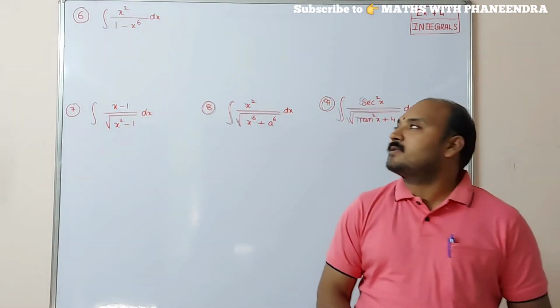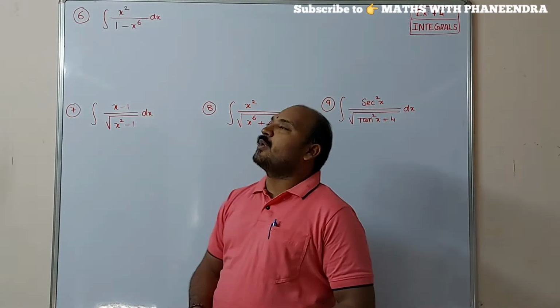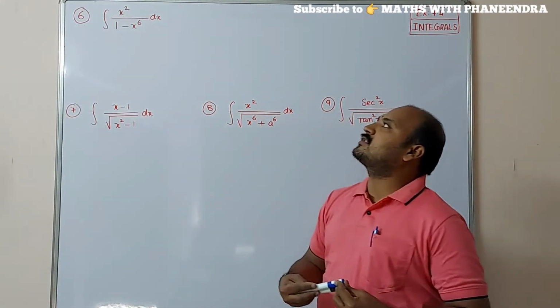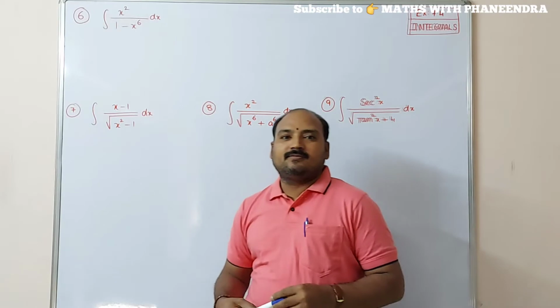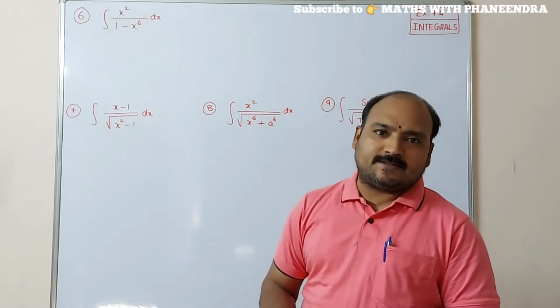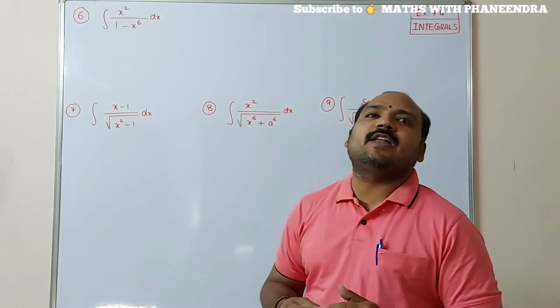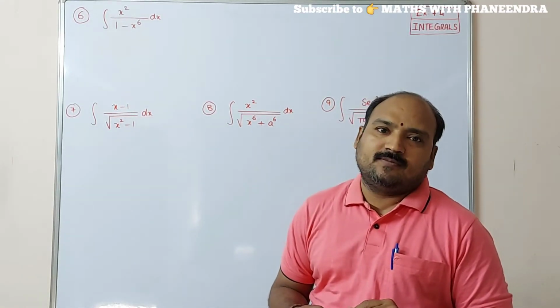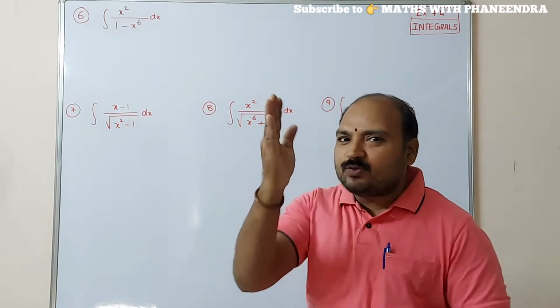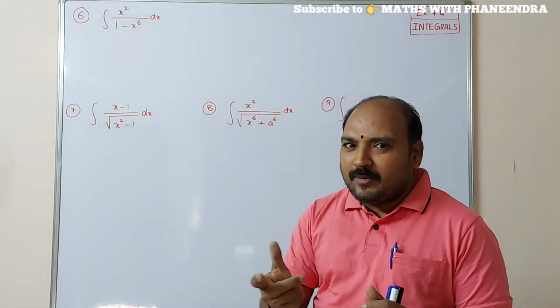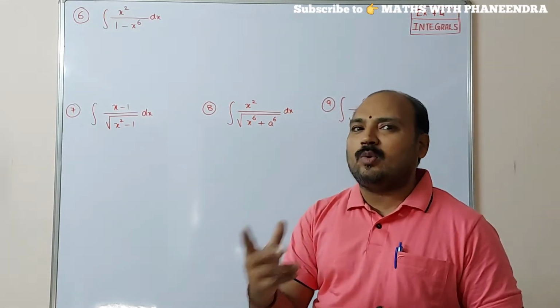Question number 6. Integral x square by 1 minus x power 6 dx. You remember, dear students, whenever x square is there in the numerator, you have to increase one power, and in the denominator in terms of that you have to write it.